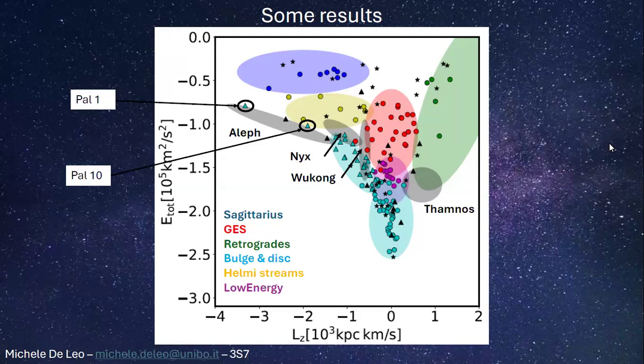In other cases, in the border region where you have all the low energy family of clusters, low energy, Kraken, Heracles, Koala, there are several names for these structures, it can be more important because maybe the clusters are on radial orbits that respond differently to the presence or absence of a bar and things like that.